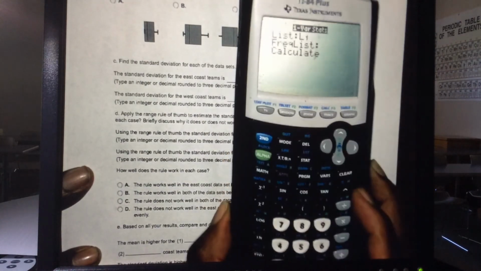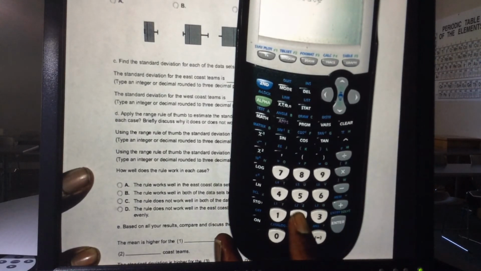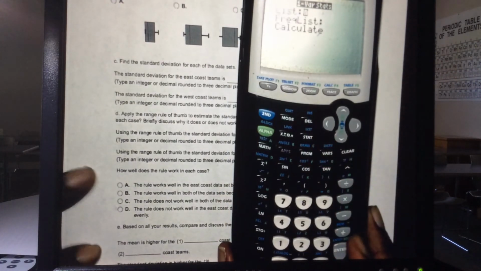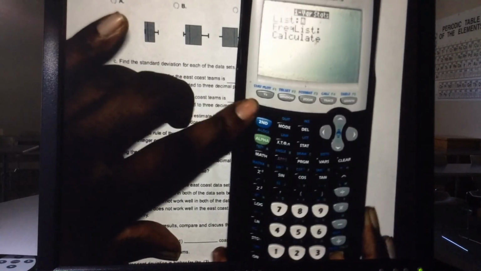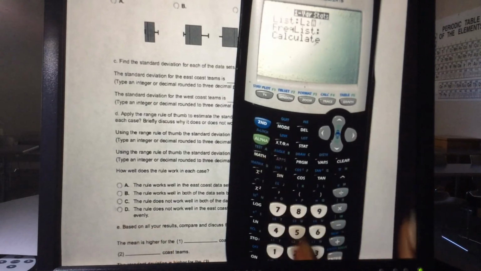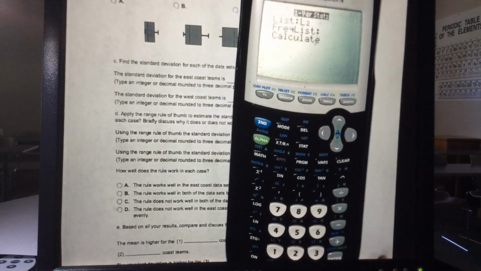Now instead of L1, I'm going to change this by selecting number 2. I want to change that to L2. Oops, big mistake. Okay, L2 in this case is in blue, so I need to press second and number 2 for L2, because I want the data values that are in L2, and then go down to Calculate, and then hit Enter.